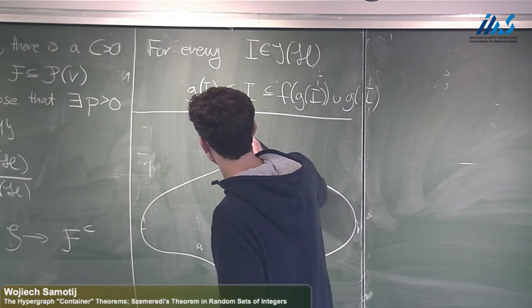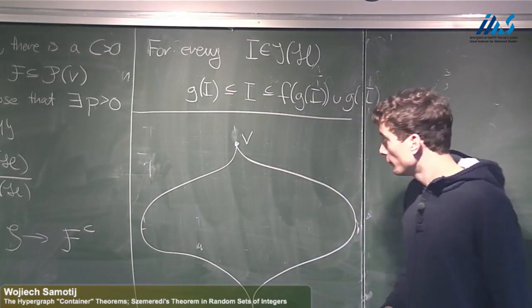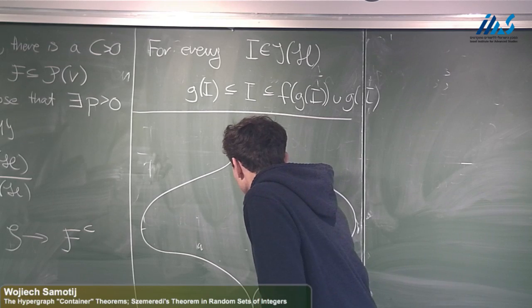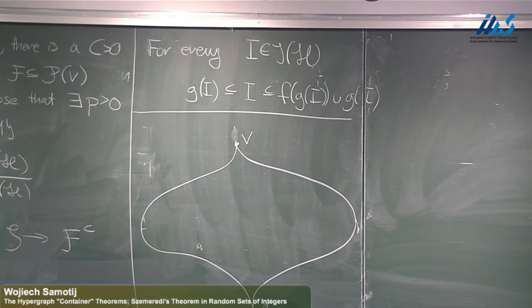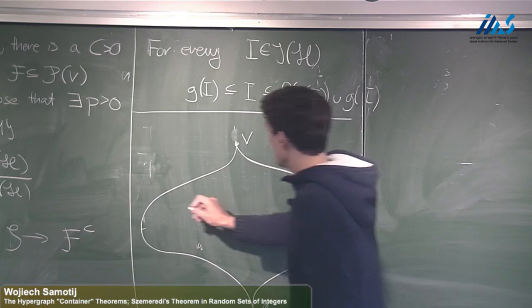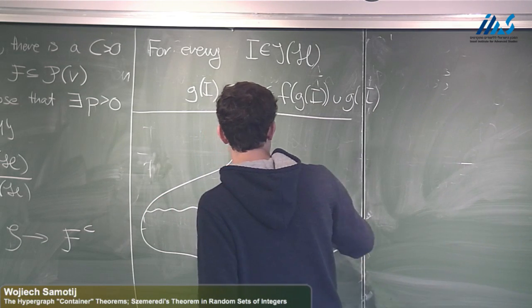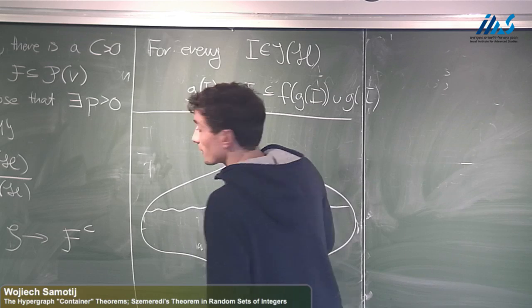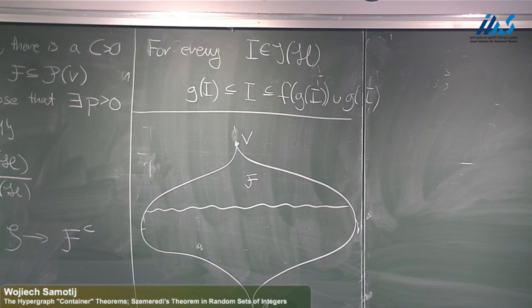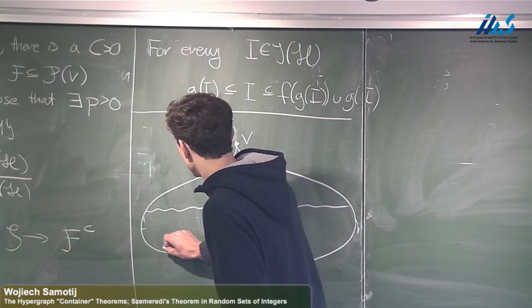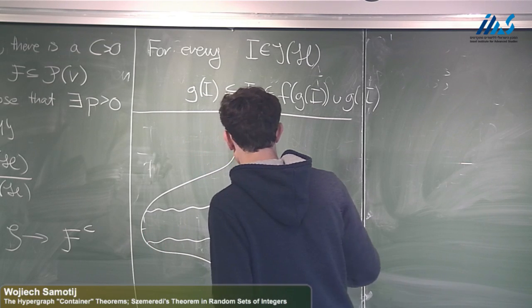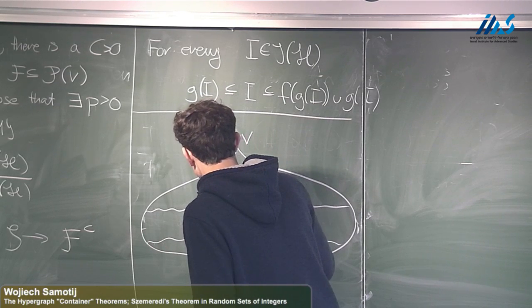Here on the top, there's the set V itself, and here on the bottom, we have the empty set. Now, we have this family F which contains sets which contain many of the edges, so we think of them as large sets. On the other hand, independent sets are sets which are small. They don't contain any edges, so they will lie somewhere here on the bottom.